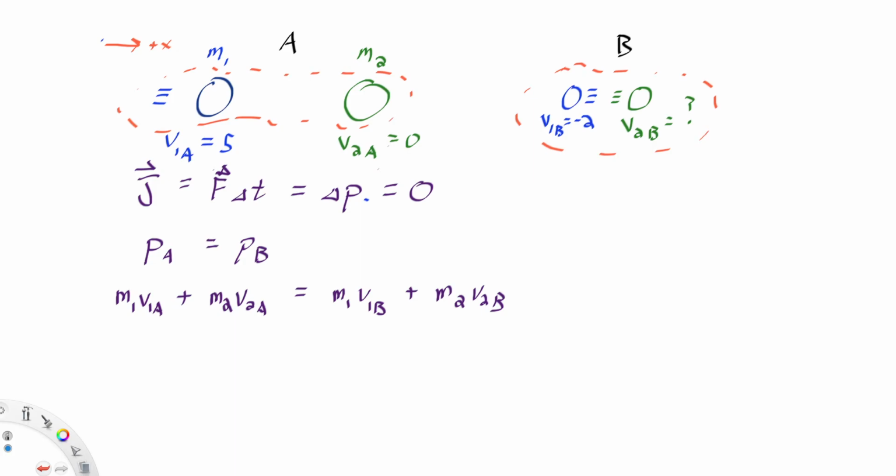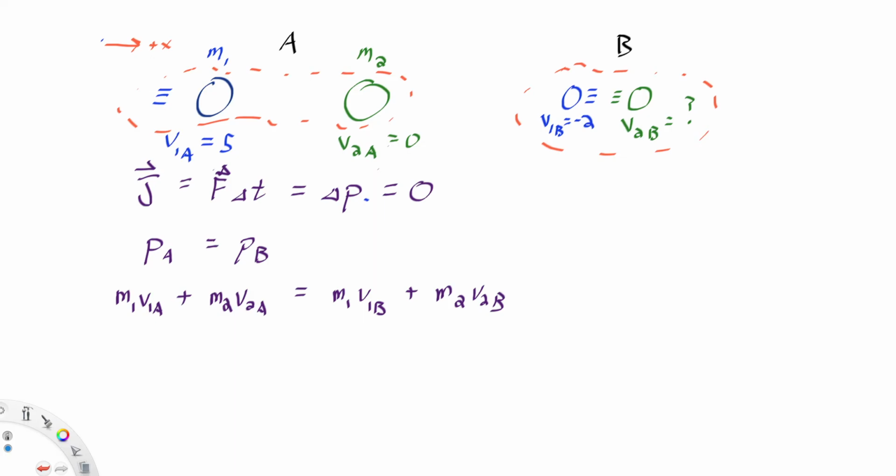We're playing exactly the same game here. If we consider our system to be just marble 1, then the contact force from marble 2 to marble 1 is an external force, and marble 1's momentum is changed.